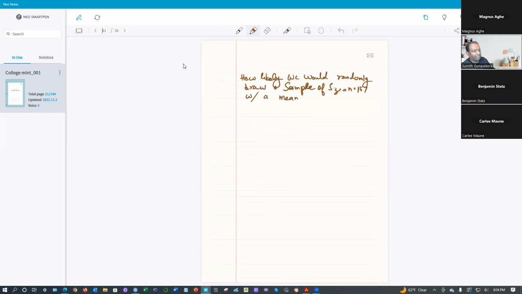We don't know the mean until we calculate it, no? I'm going to say the mean is higher than 61 millimeters.